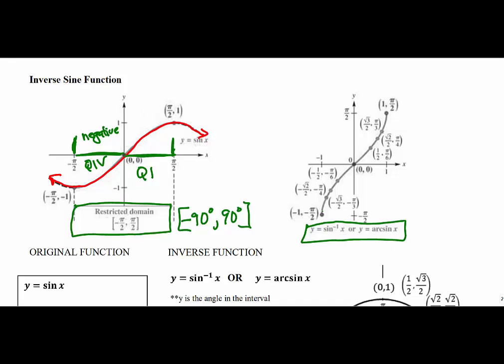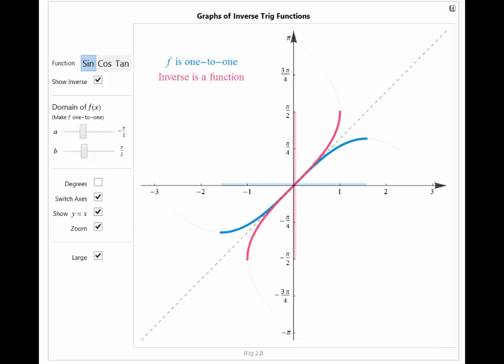When I restrict my domain and then I switch all the x and y values, we see that the inverse is actually a function. The output values are angles from quadrant 4 and quadrant 1. We have looked at the graph here in radians, but let's look at the output in degrees. Minus pi over 2 is the same as negative 90 degrees.